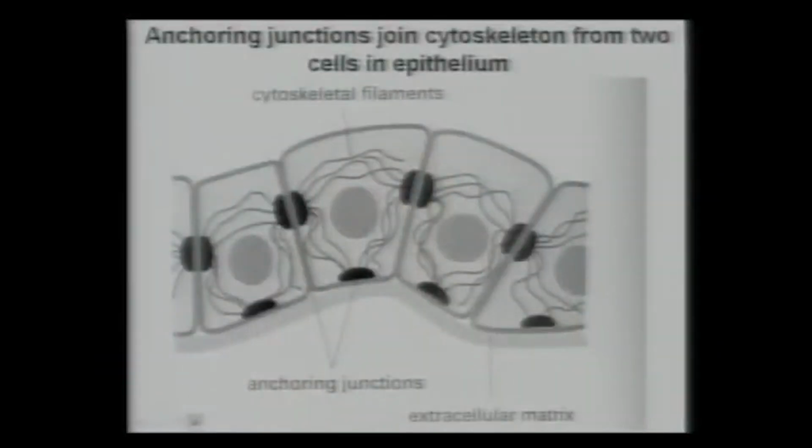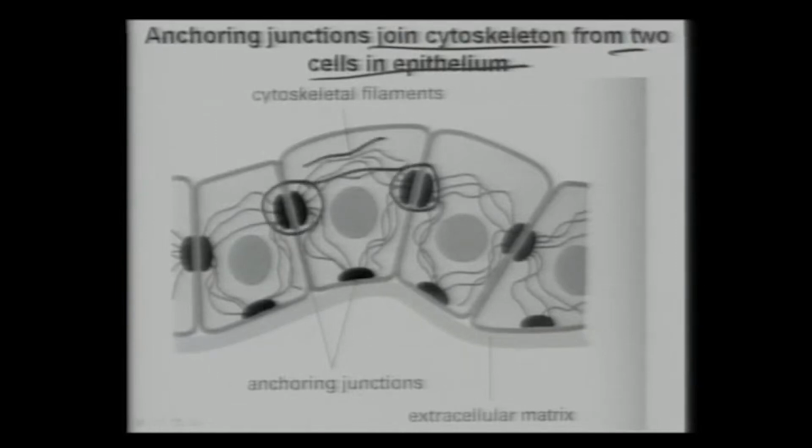Now these are the anchoring junctions, and they join the cytoskeleton from two cells in the epithelium. These particular junctions are called anchoring junctions, and these are the cytoskeletal filaments.